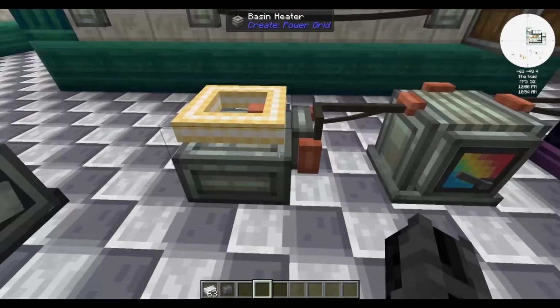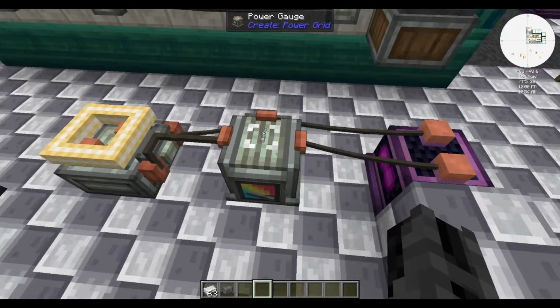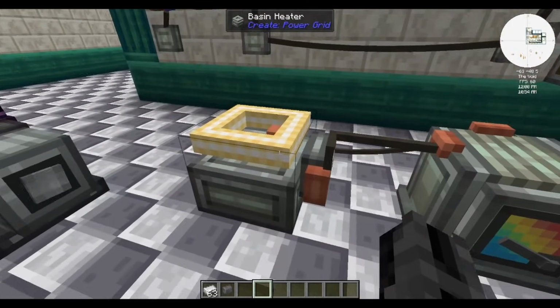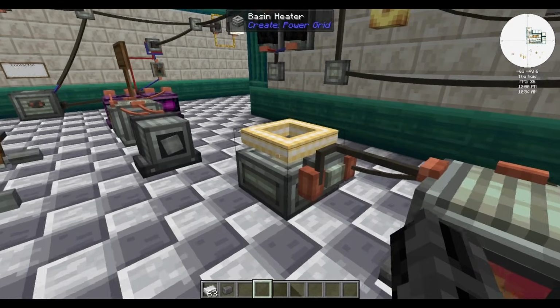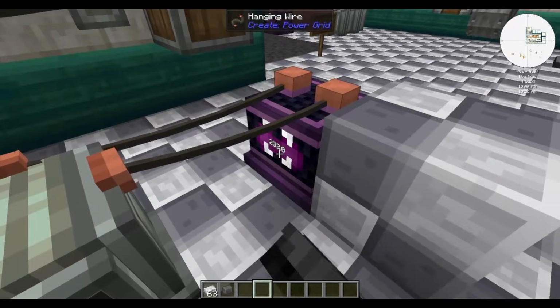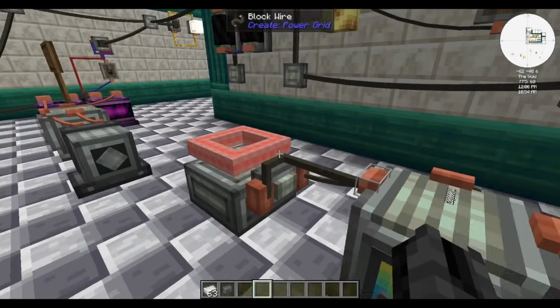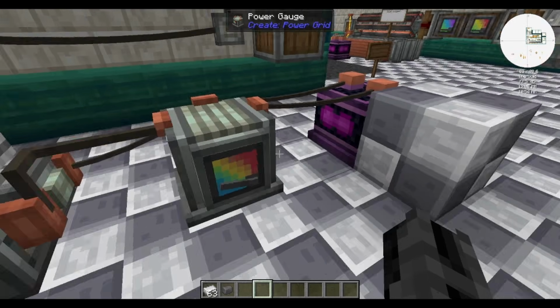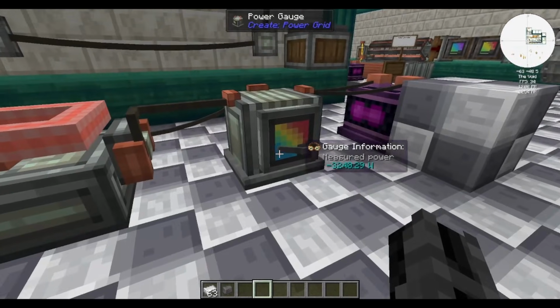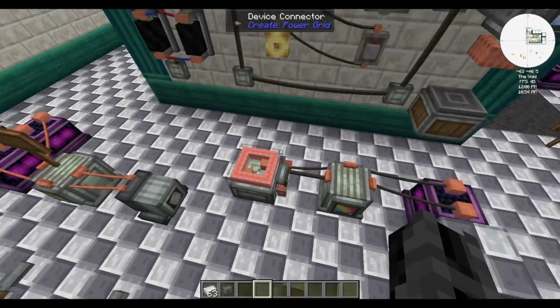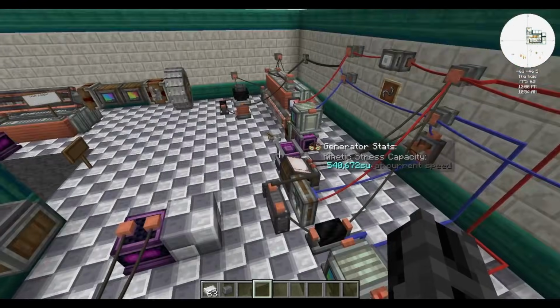There's also the electric basin here, which can be used instead of blaze burners, although it does take 5 kilowatts of power for the highest stage of heat, which is a blue blaze burner. And let's see what's the minimum, for the first stage it's around 3 kilowatts, which is still a lot of power.